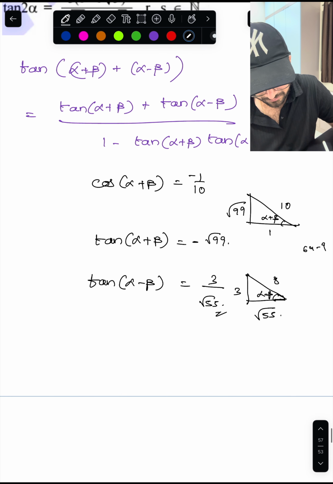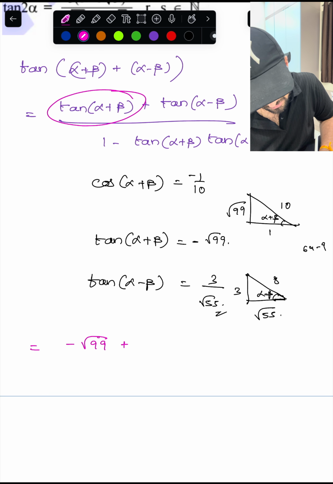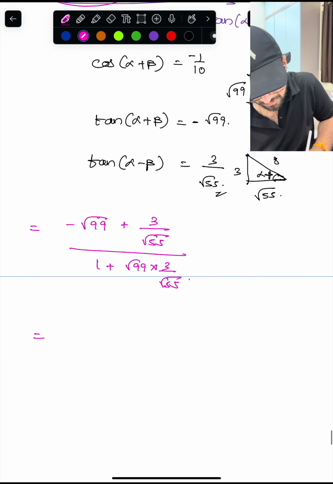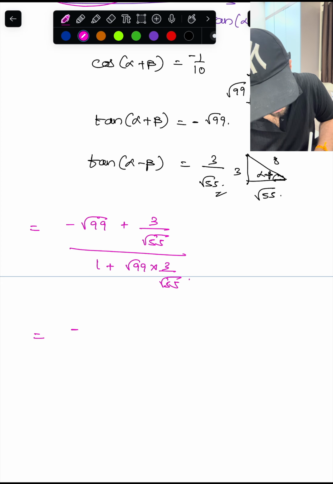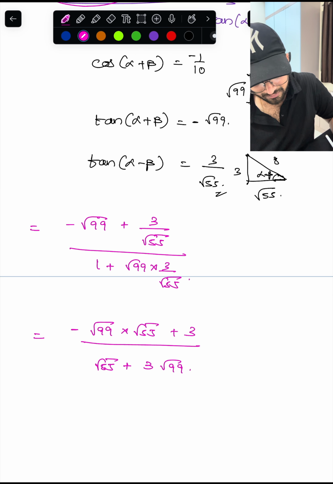So what we can do, substitute here tan of alpha plus beta, minus root 99 plus 3 by root 55 by 1 plus root 99 into 3 by root 55. Okay, so take the LCM, minus root 99 into root 55 plus 3 by root 55 plus 3 root 99.